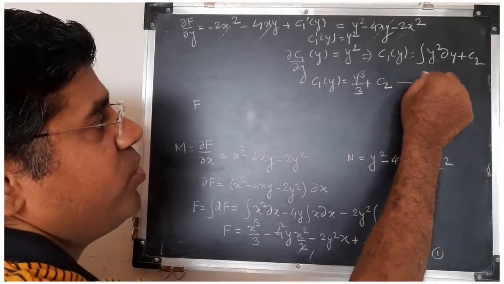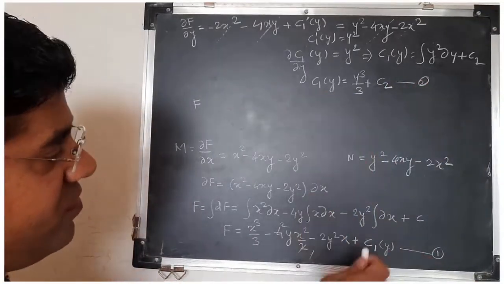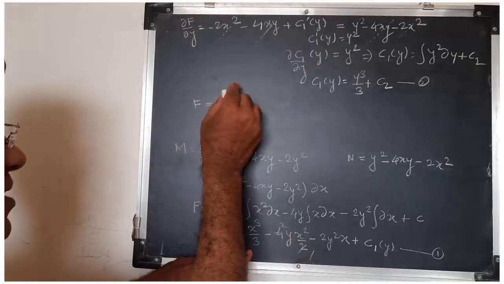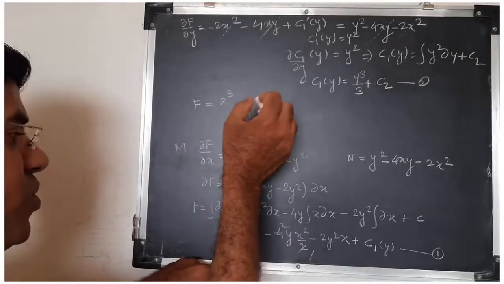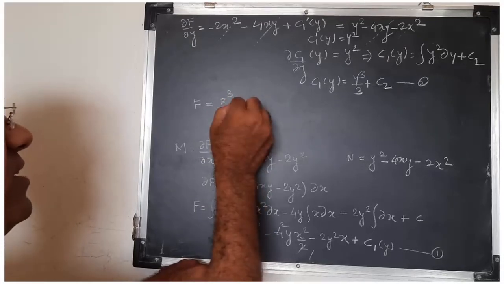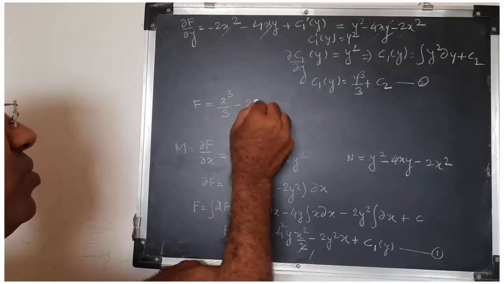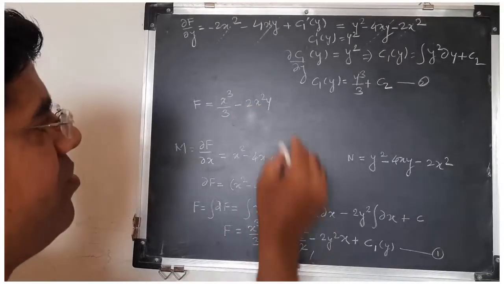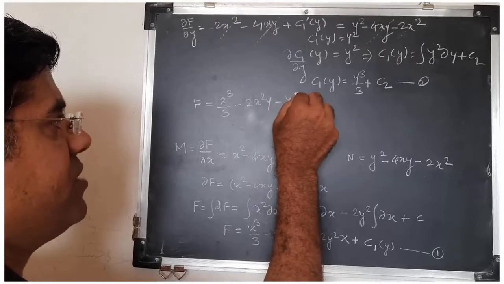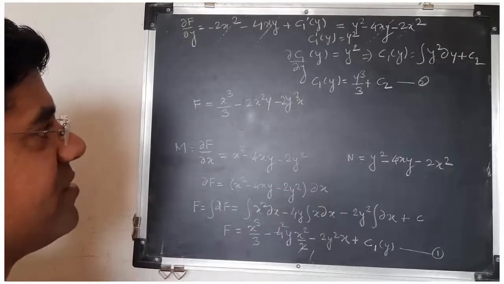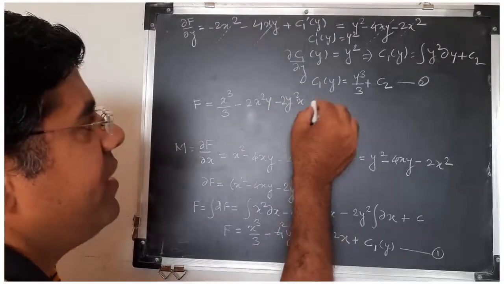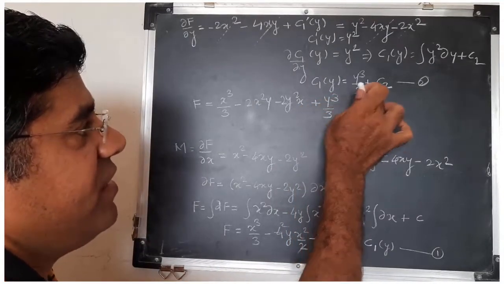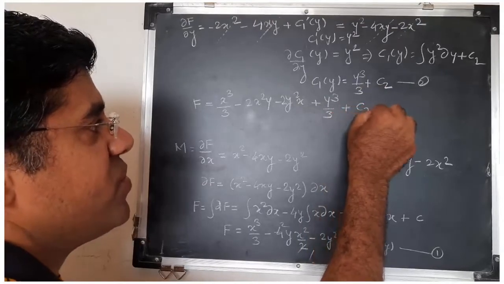So put 2 in 1, because of the value we have found over here. What I will get is f equal to x cube divided by 3 minus 2x square y minus 2y square x plus y cube divided by 3 plus c2.